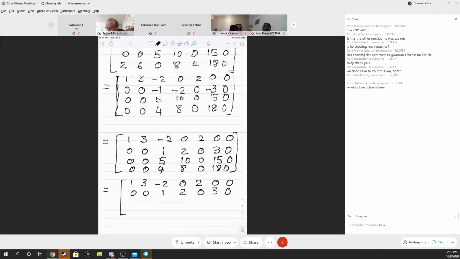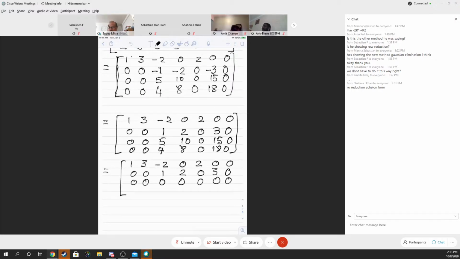Minus 5 added to the third row. Multiply the second row by minus 4, added to the fourth row.